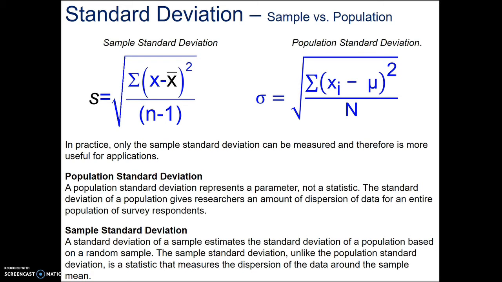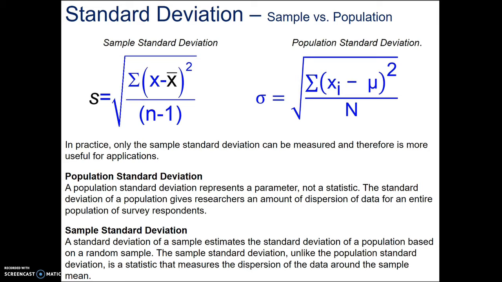Unless you can get every single person on the planet in your data set, you're just going to be looking at a sample, with the idea that the more samples you can collect, it's going to get closer and closer and closer to what the actual value is for the population. Now, if you have every single data point for something, so let's say you're able to get data on every single person in the world, then you can use population standard deviation.